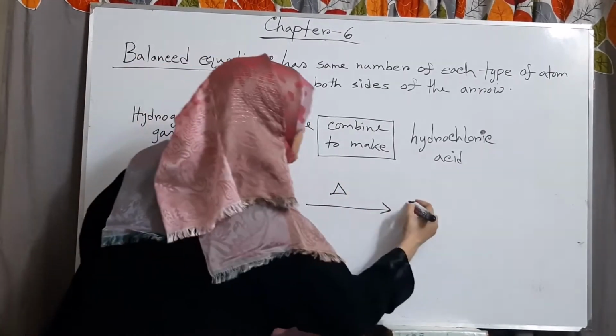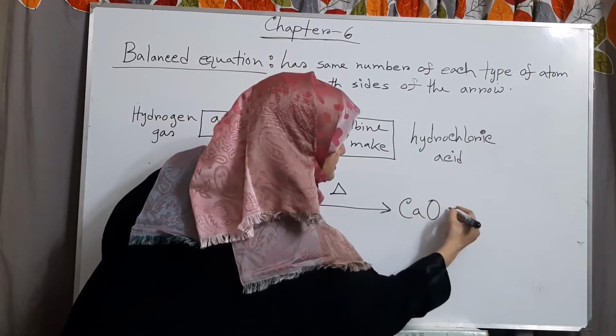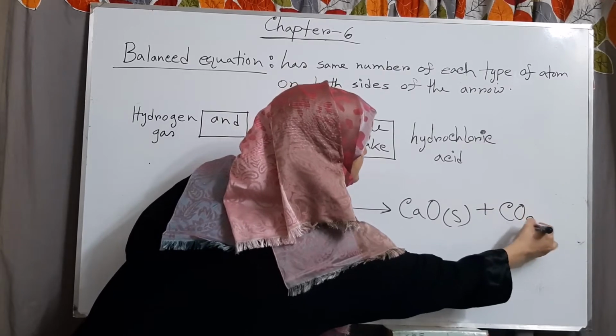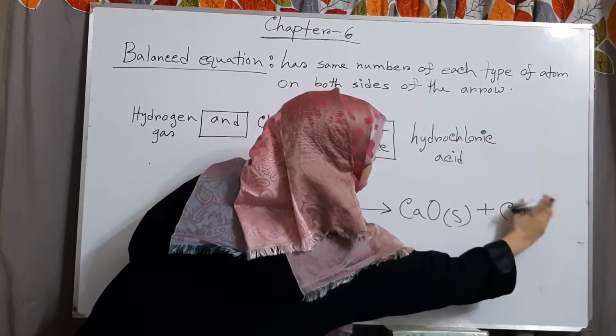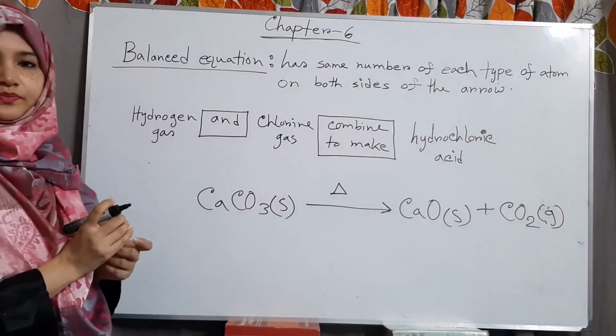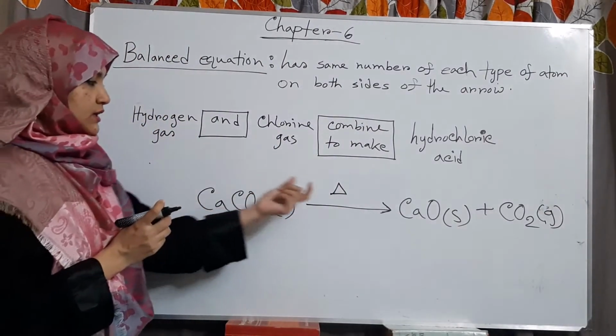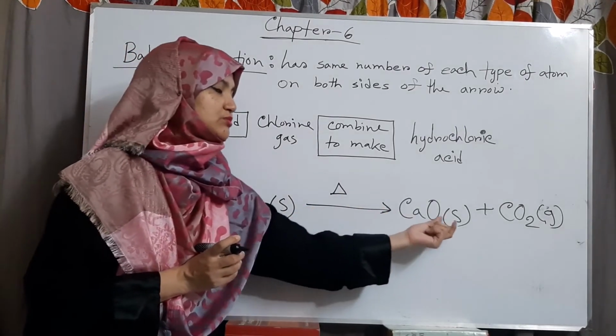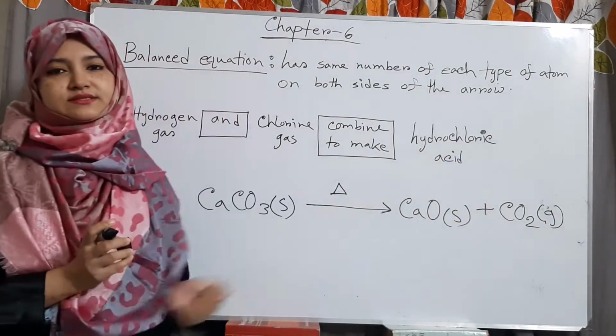We get calcium oxide as a solid, and carbon dioxide gas is released. So if we heat solid calcium carbonate, we get solid calcium oxide and carbon dioxide gas.